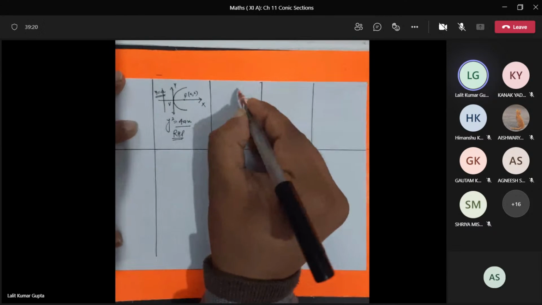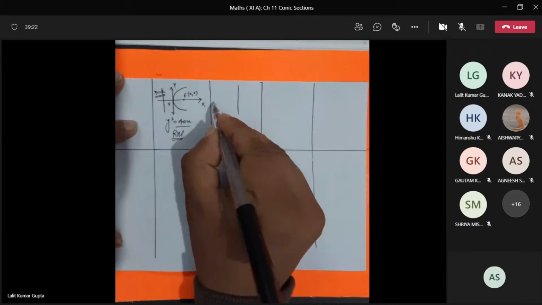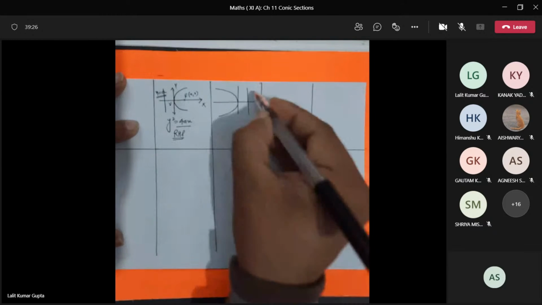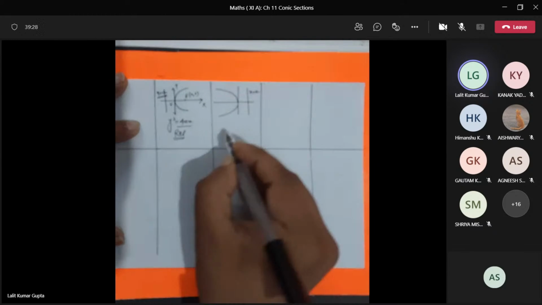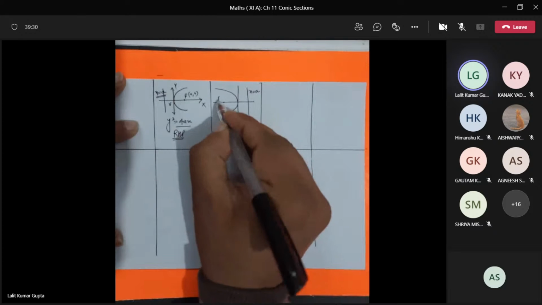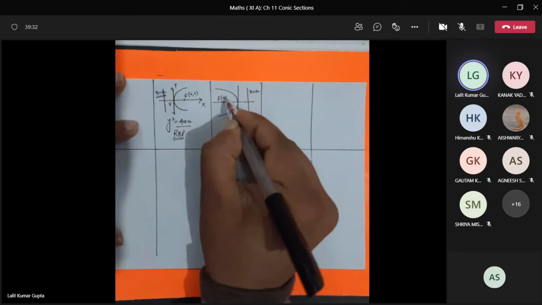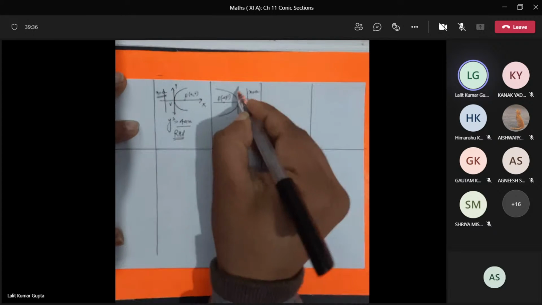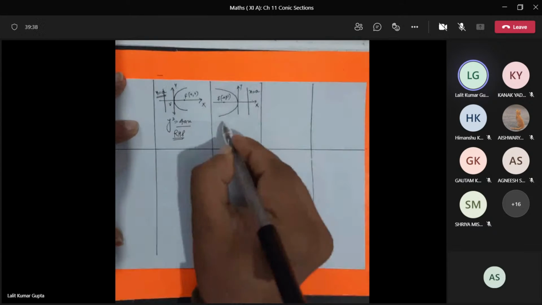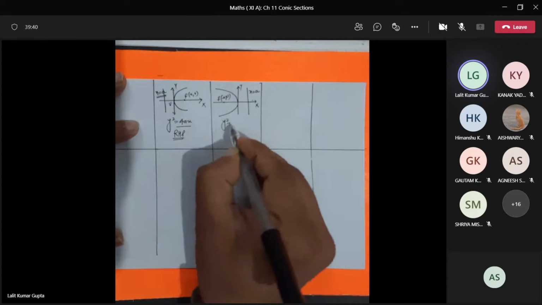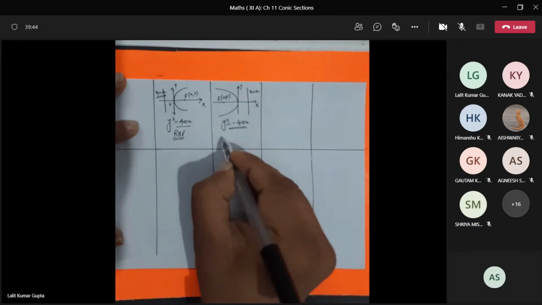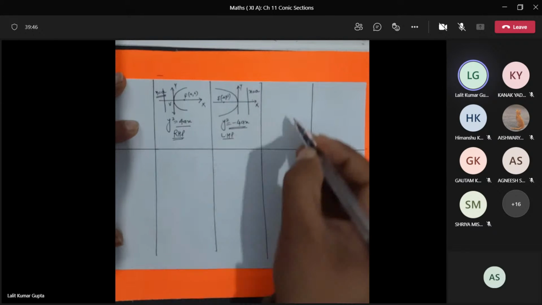Next is the second. Here the fixed line is x equal to a, and the coordinate of the focus is (minus a, 0). This is the y-axis, x-axis. The equation in this form is y square equal to minus 4ax, and this is known as the left-handed parabola.